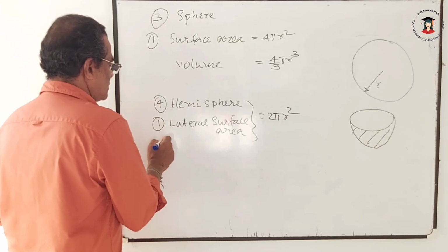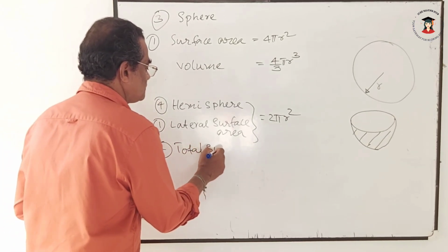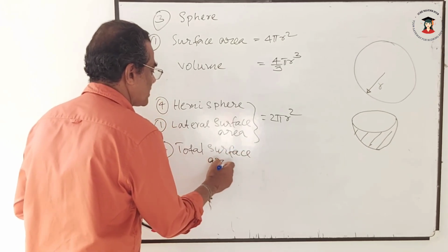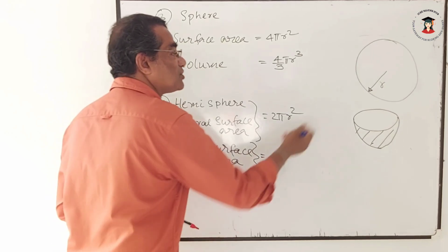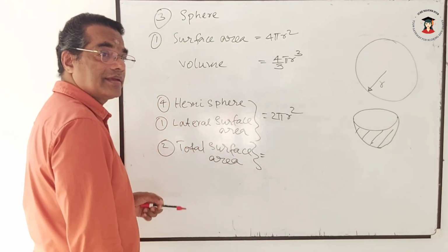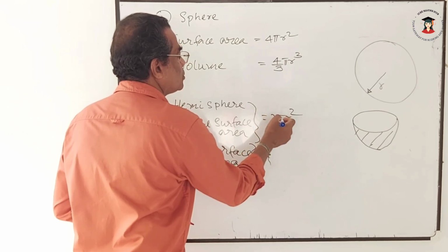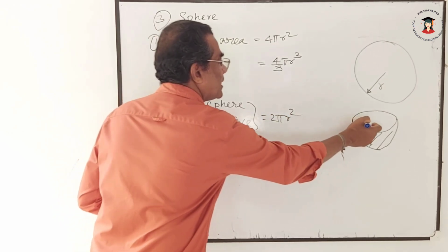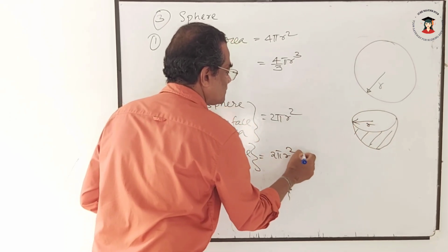Then the total surface area. The formula here is lateral surface area plus base area, just like the cone. So lateral surface area is 2 pi r square and the base area is pi r square.